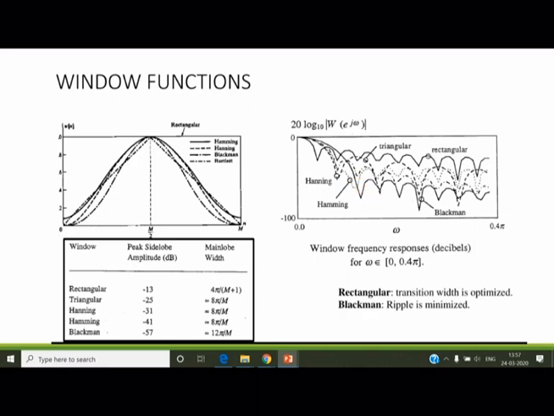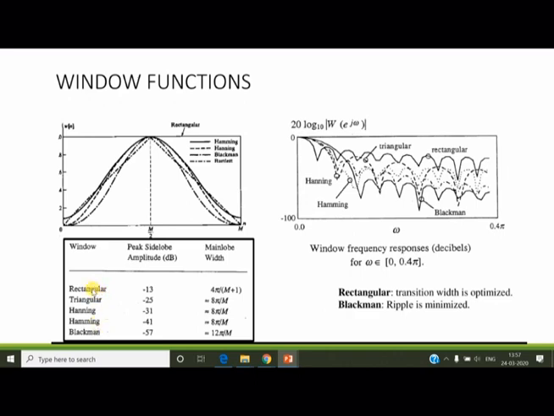In the spectral characteristics, the rectangular window has the narrowest main lobe width, and as a result the transition width is optimized. The transition width will be the least in comparison to other window functions. The table provides the important parameters for four to five different window functions.